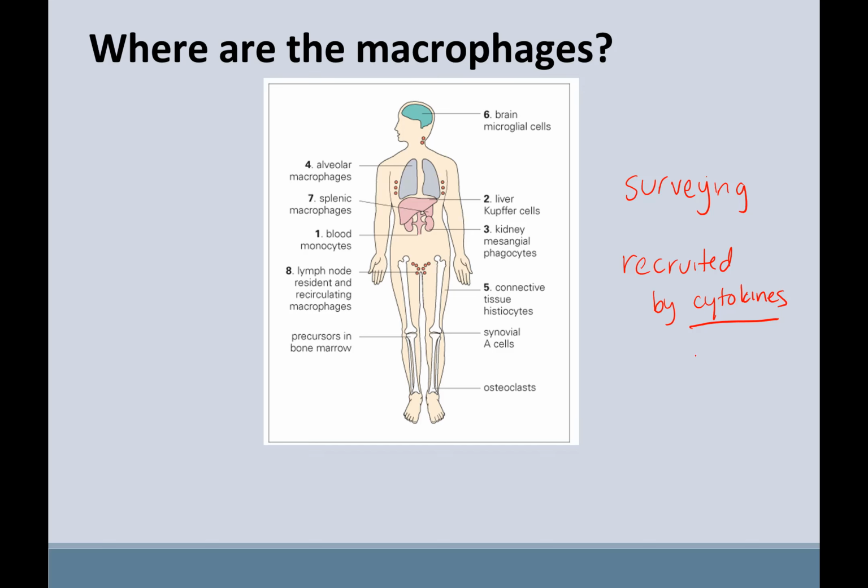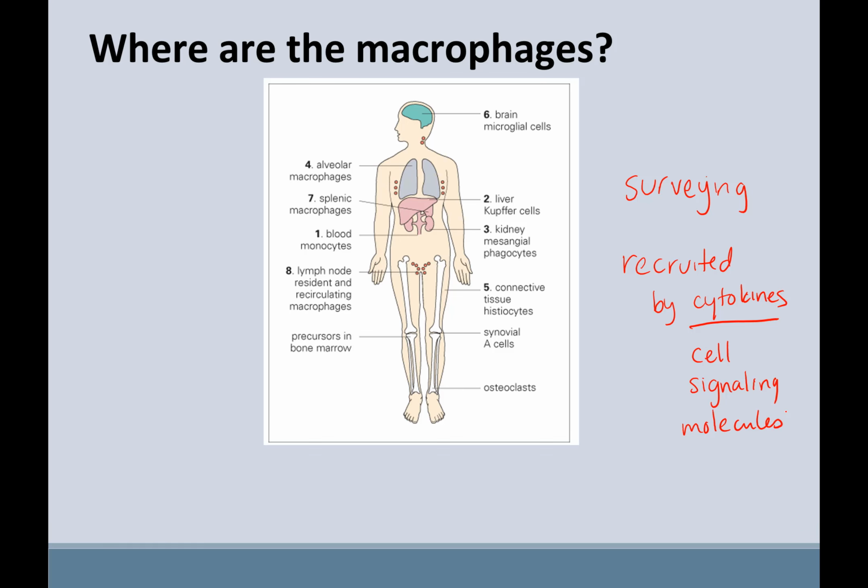And cytokines are cell signaling molecules. And these are all blood cells, white blood cells. So these come from your bone marrow. And this is just to show where some of your sources are, where the macrophages are hanging out.